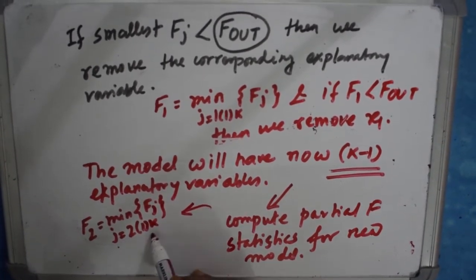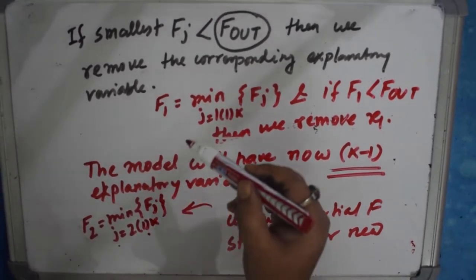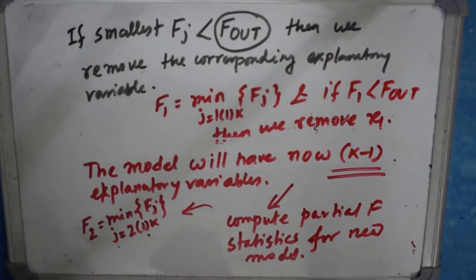we take j from 2 to k. For example, we assume that in step 1 x1 is eliminated.